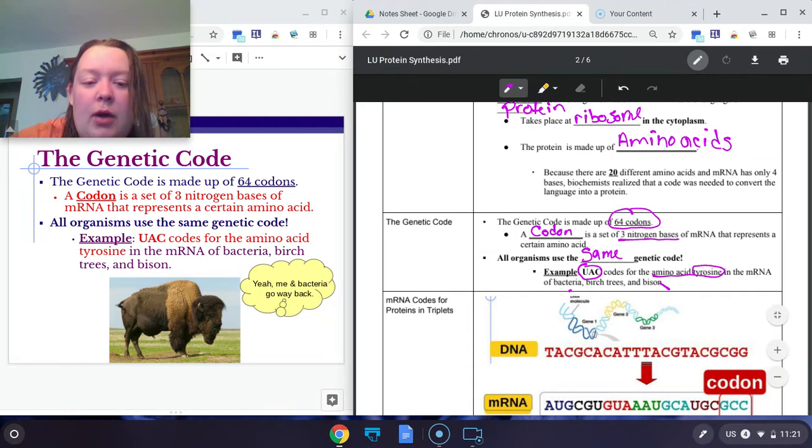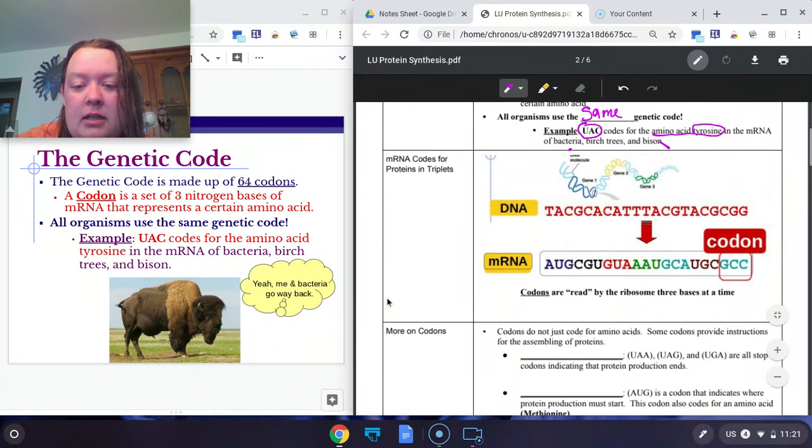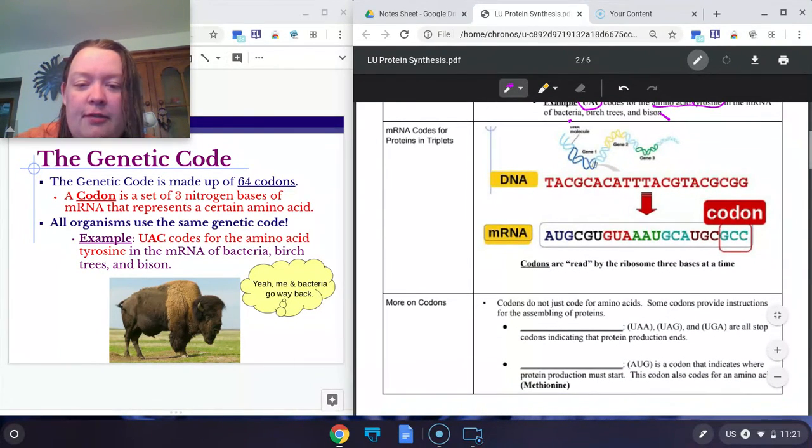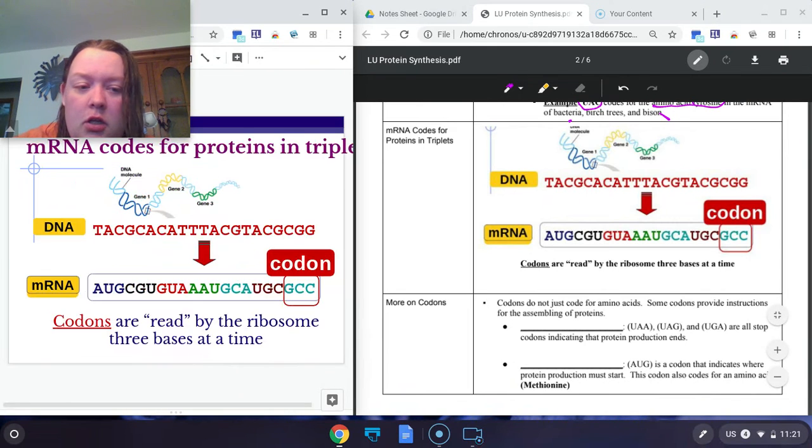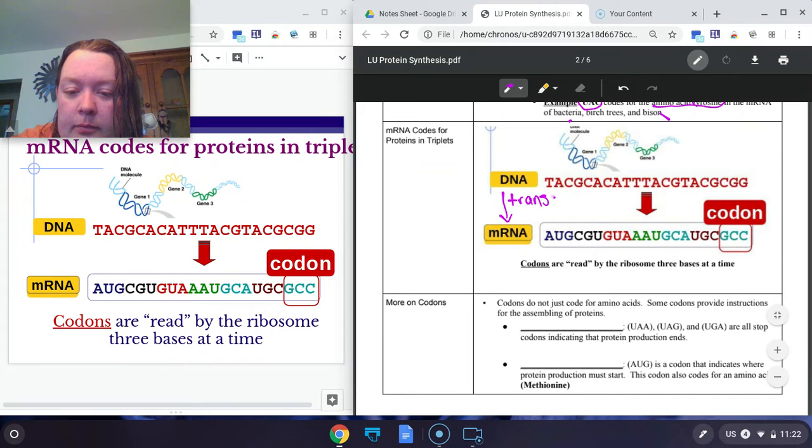So I feel like the best way to understand translation is to just give it a go. So here, this was our DNA. We took our DNA and we rewrote it as mRNA in the process of transcription. Now what we're going to do is take this mRNA and split it into codons. Codons are groups of 3.